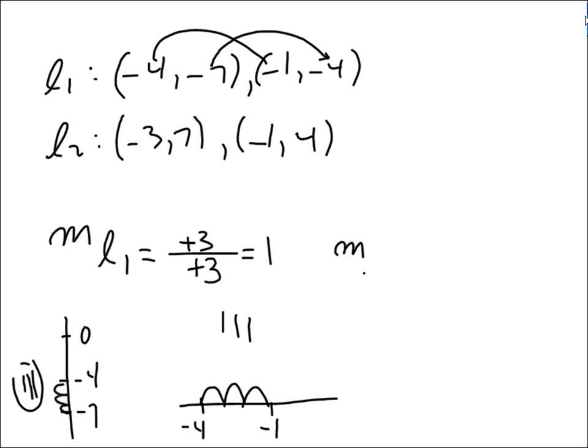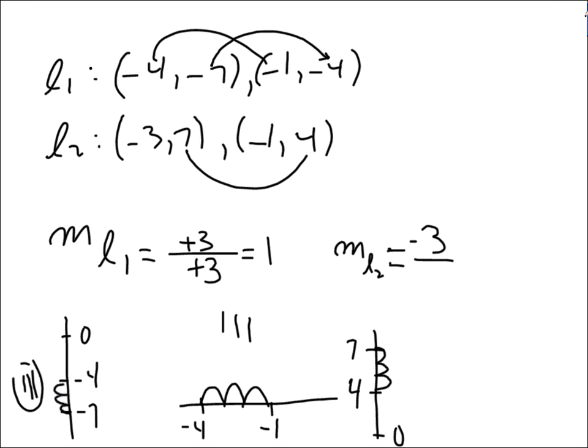What is the slope of line number 2? Well, you go from 7 to 4. You're on the 7th floor of the building, and you take the elevator down to the 4th floor. You went down 3. 6, 5, 4. You went down 3. And the change in x.